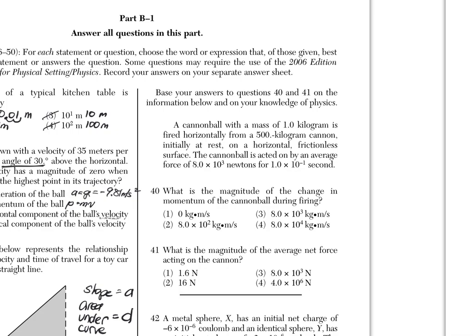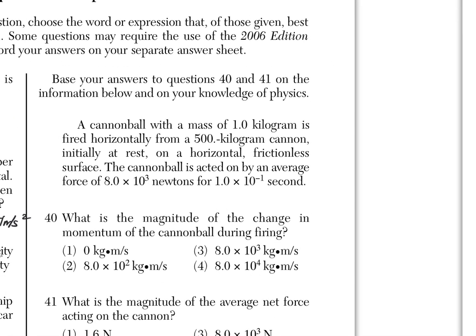So let's write down things that I know. We know the mass of the cannonball. Maybe we'll call that M1 is 1 kilogram. And we know M2 for the cannon is 500 kilograms. And sometimes it helps if we draw a picture.